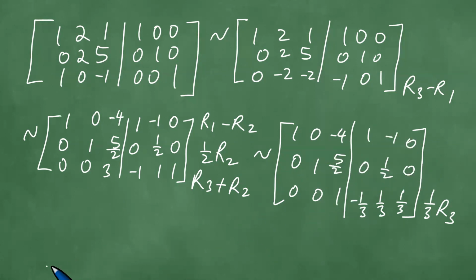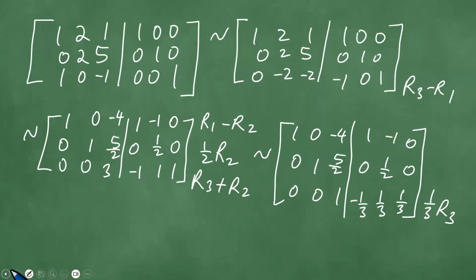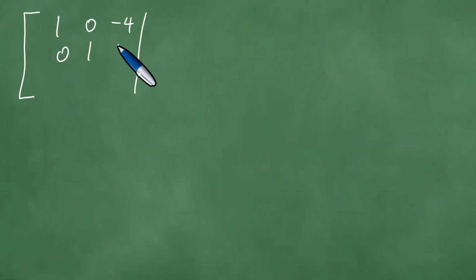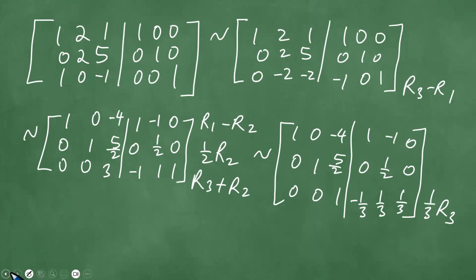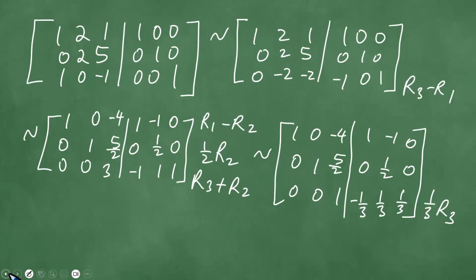Okay, then we need zeros above there. So writing that matrix, you have 1, 0, minus 4, 0, 1, 5 over 2, 0, 0, 1, 1, minus 1, 0, 0, 1/2, 0.